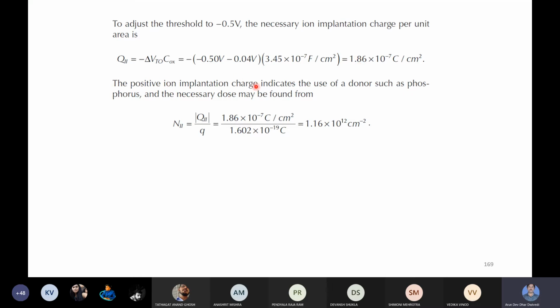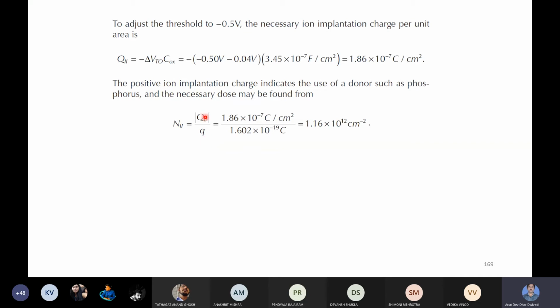Positive ion implantation charge indicates the use of a donor such as phosphorus, and the necessary dose may be found by this. You want to find out how much dose. Dose means number of ions. So charge divided by electronic charge. Whatever total charge Q is divided by q, because one dopant contains q charge, where q means electronic charge.